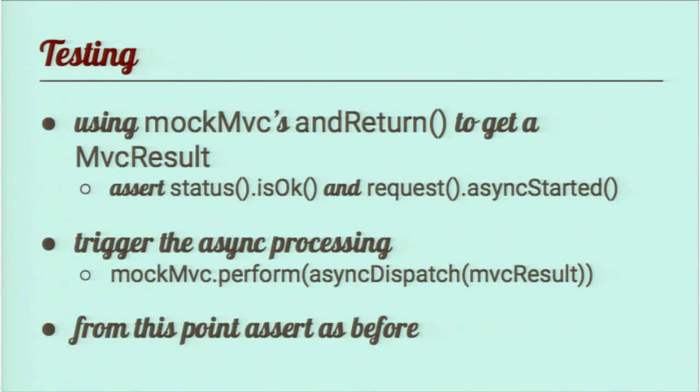And a little word about testing a DeferredResult. This is still done with the MockMvc utility class, but you have to make an additional step to trigger the generation of the value. You call andReturn to get an MvcResult object. You can assert that its status is always OK, because when you are asynchronous, by default, it will immediately return and say, it's OK, but I will notify you later with the actual result.